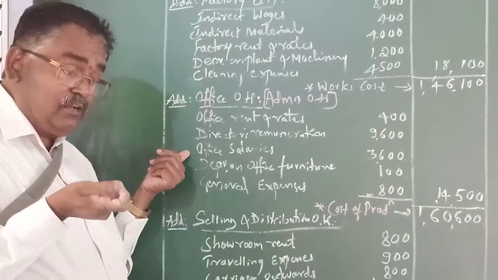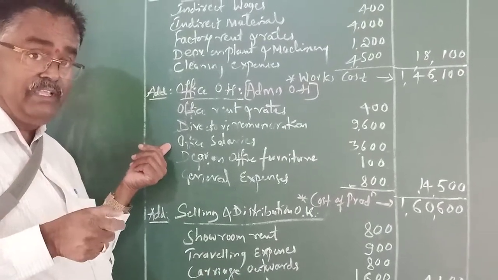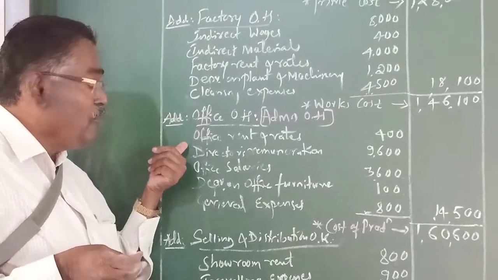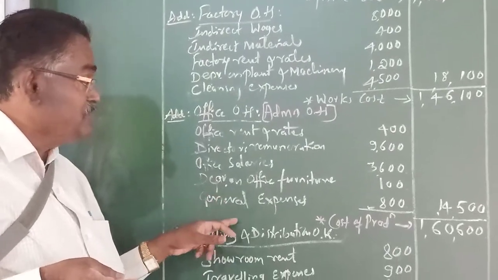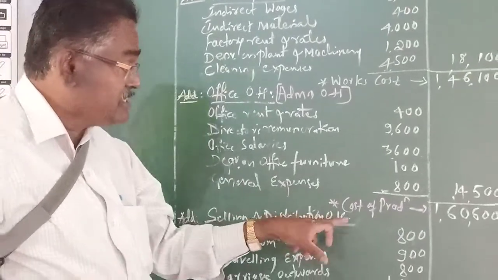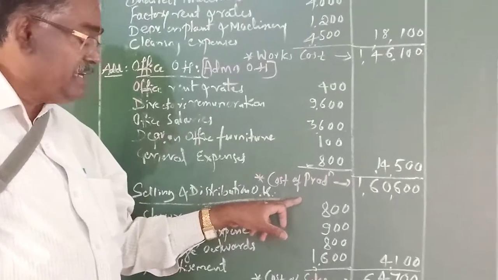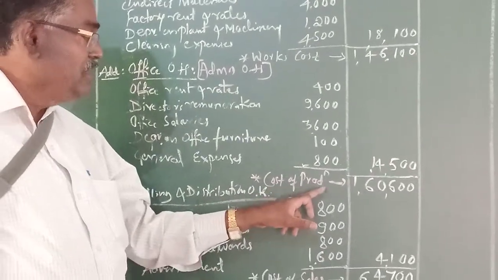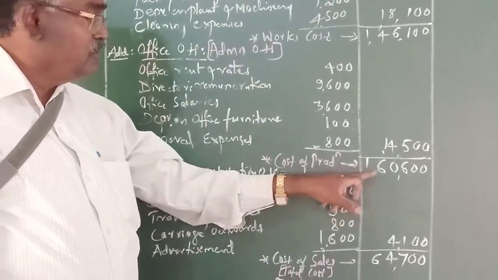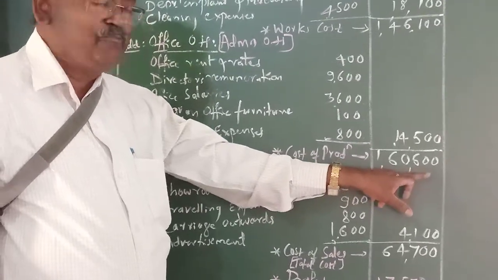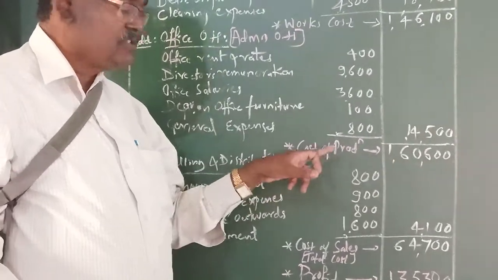If the closing stock of finished goods is there, then it is to be deducted from office overhead. All these two adjustments are made in this case. After adjustment of these two items, the result will be cost of production. The total 1,60,600 becomes the total cost of production.